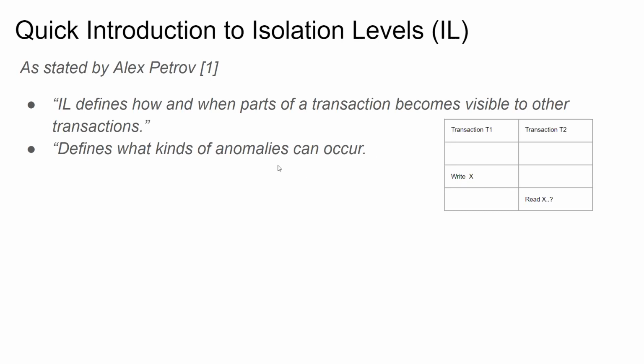The answer lies in understanding the kind of anomalies that can occur in one scenario versus another. There are a bunch of isolation levels; some allow certain anomalies, others are more restrictive. That's where you have to identify what's right for your application.